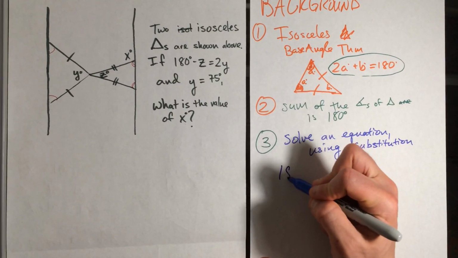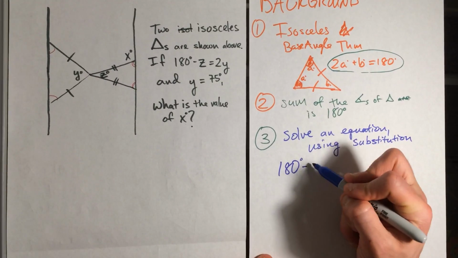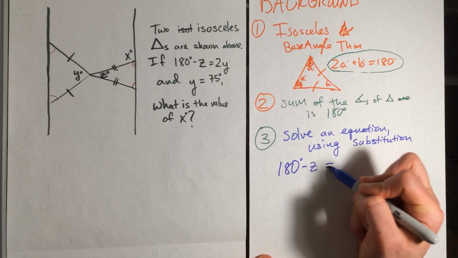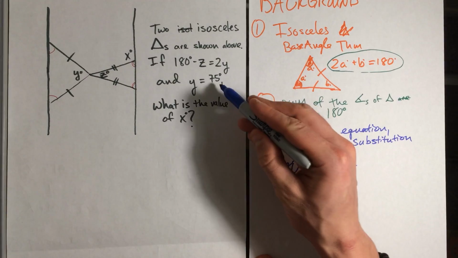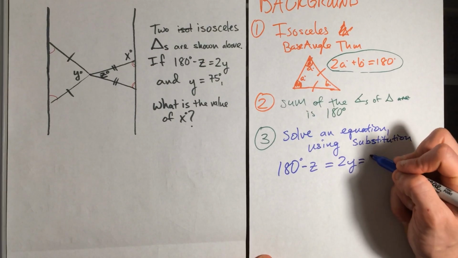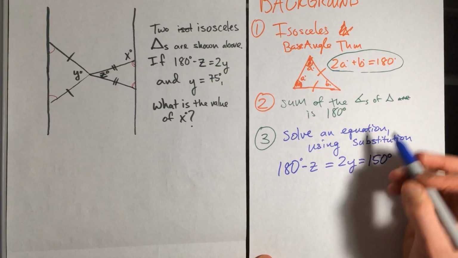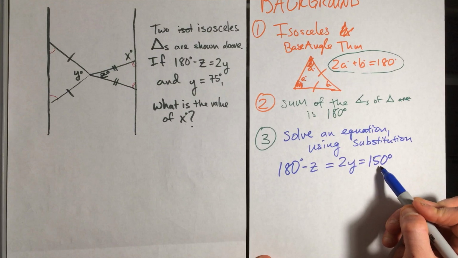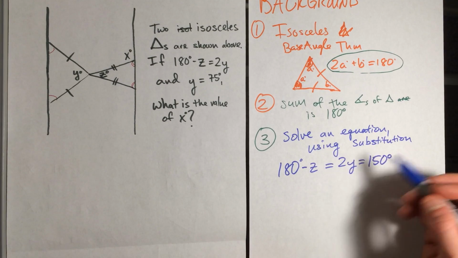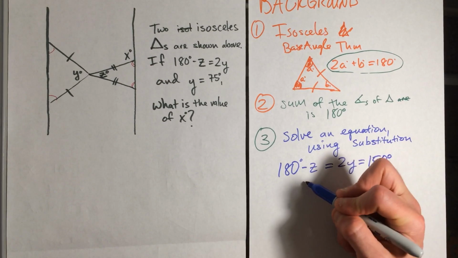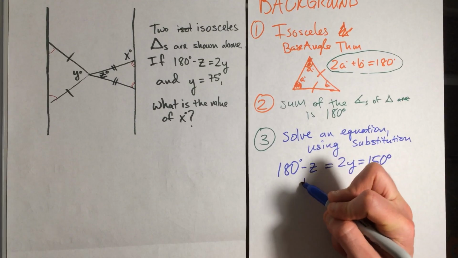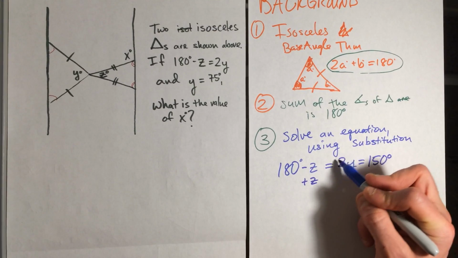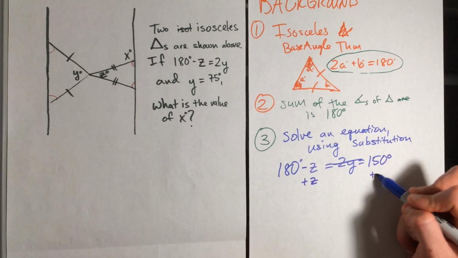So we know 180 degrees minus z equals 2 times y. But wait a minute, we know y is 75 degrees, so we'll just write 75. Well, that's just 150 degrees, because 75 times 2 is 150. And now we have a new equation here. So let's add z to both sides, and we'll ignore this middle section because we know what y is already.